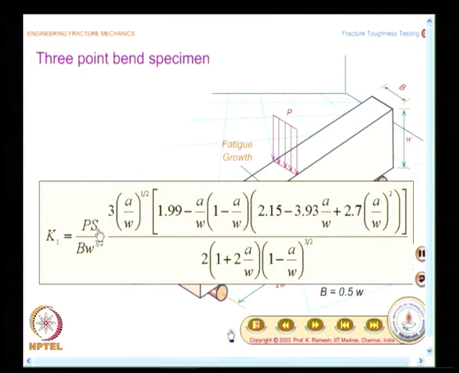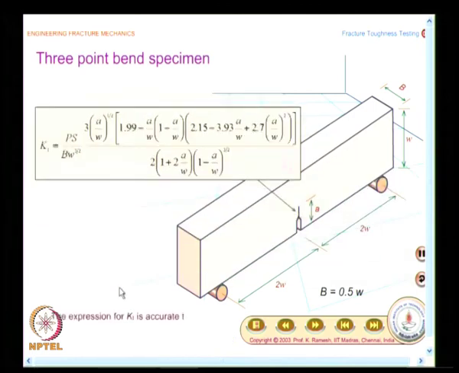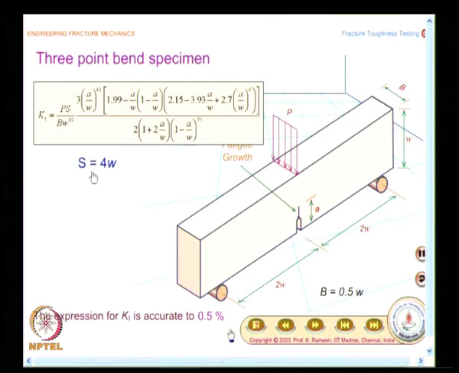And you have to know what is the value of S, that is mentioned here, S equal to 4 times the width of the specimen. This length is taken as S, and the expression for K1 is accurate to 0.5%.